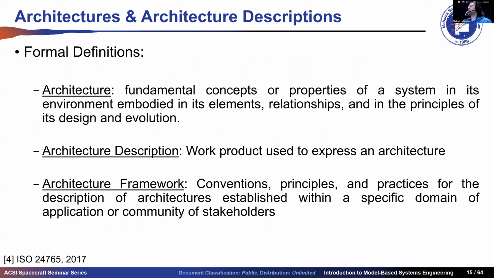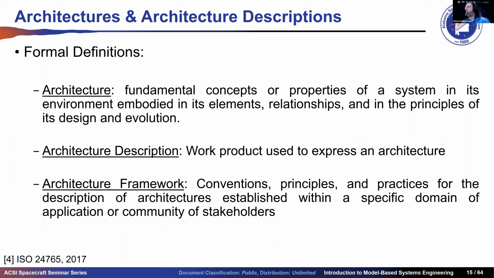Wonderful. So here's a couple of those formal definitions. I won't read these out specifically, but your architecture is how that system is organized, and the architecture descriptions are products that can be made to characterize or express that architecture. The architecture framework describes all of the possibilities for those products. It's not what you should do, it's what you can do.